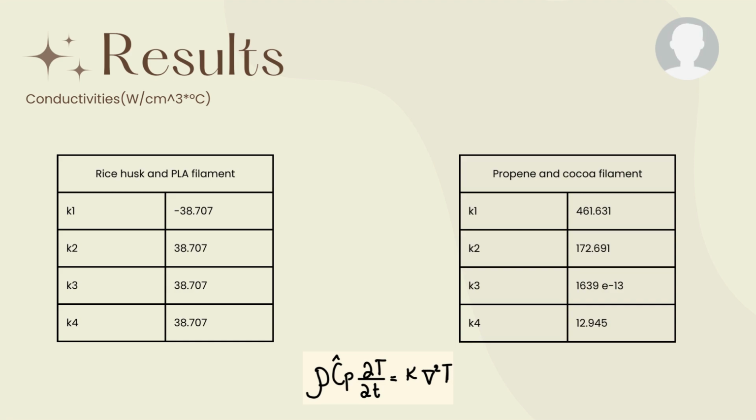In part 2 it was 172.691 watts over cubic centimeter Celsius degree. In part 3, this is an anomaly, it was 1639 times 10 to the minus 30 watts over cubic centimeter Celsius degree, and in the fourth, the final spot, it was 12.945 watts over cubic centimeter Celsius degree.